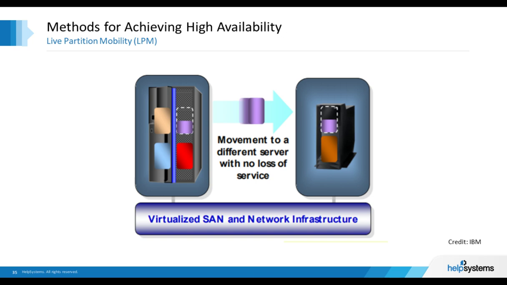All of this is seamless and doesn't impact the user community. The process transfers the processor state, the memory, attached virtual devices, and of course connected users. So the source and the target machines must have access to the same network, use SANs, and be fully virtualized.